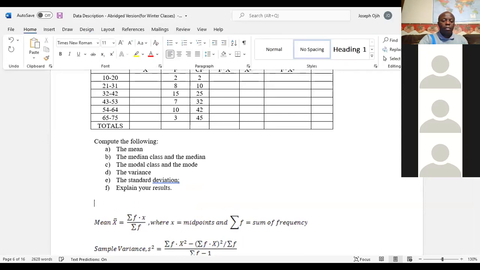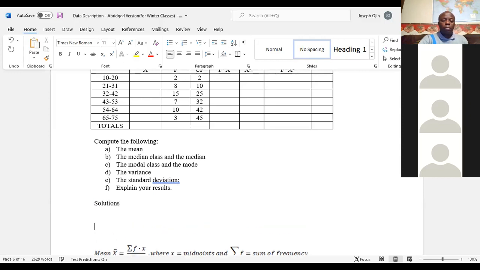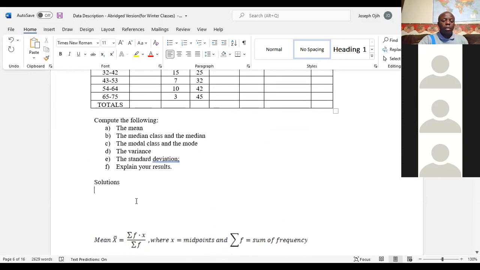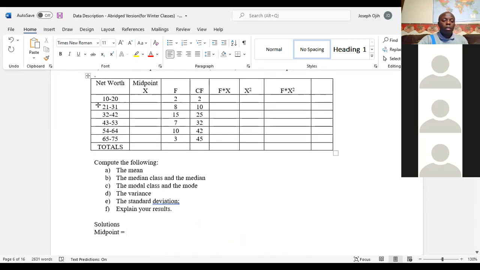So we have it here. Solutions. The first midpoint is this plus this divided by 2. And it's gonna be midpoint equals 10 plus 20 divided by 2.